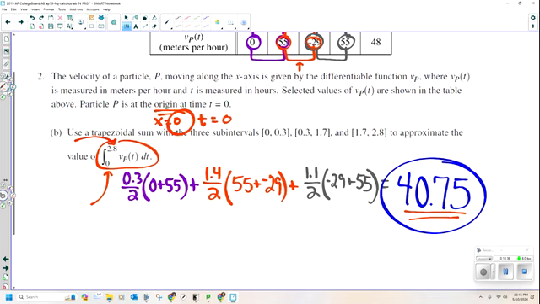It starts at 0 and moves 40.75 meters to the right. So particle P at time 2.8 is at this position on the x-axis.